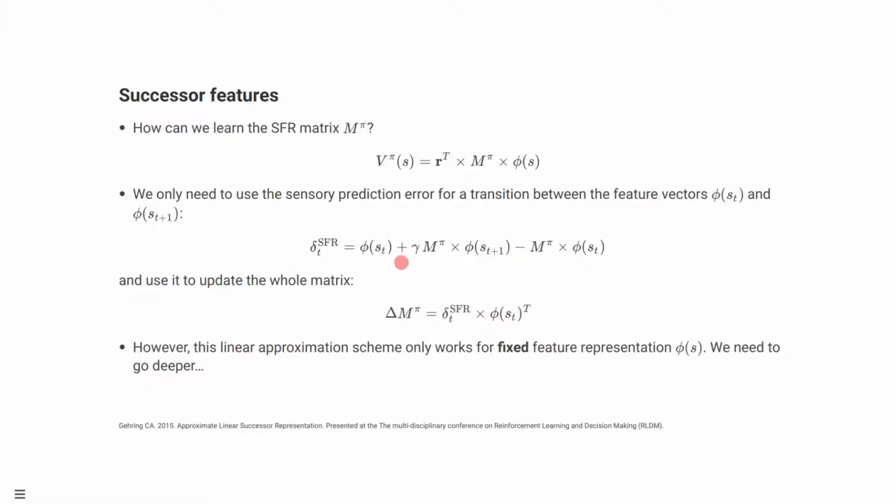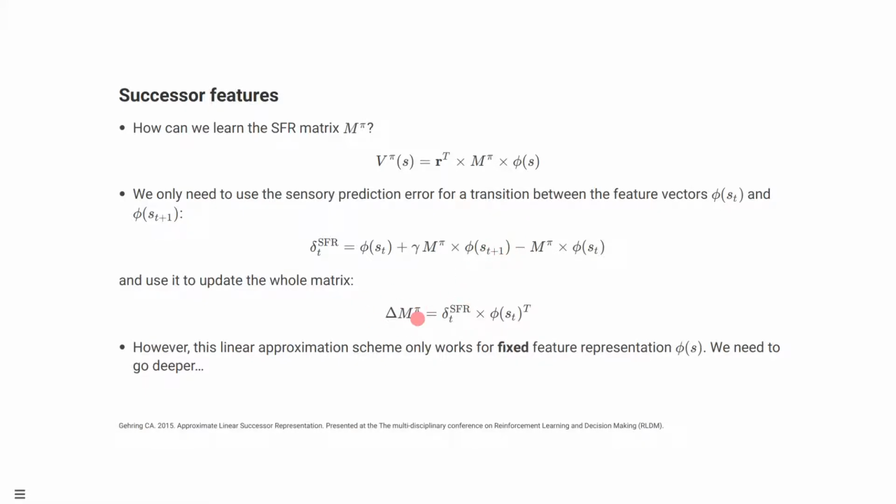And I compare that to the features of the current state if I'm already in that state, plus gamma, the features I'm going to see in the future after being in the next state. Still a TD-like error. Reward plus gamma, value of the next state, minus current prediction. Except here we are predicting the visits to features.